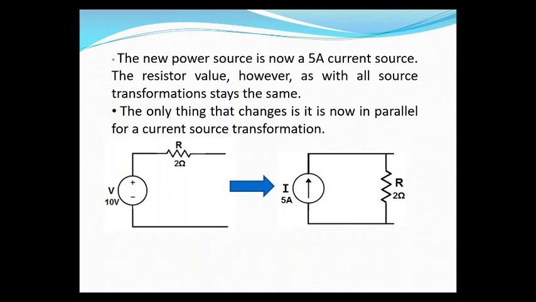While transforming from voltage source to current source, we change only the current, but the resistance value is the same in the voltage source and in the current source. In the voltage source the resistance is in series, and in the current source the resistance is in parallel.